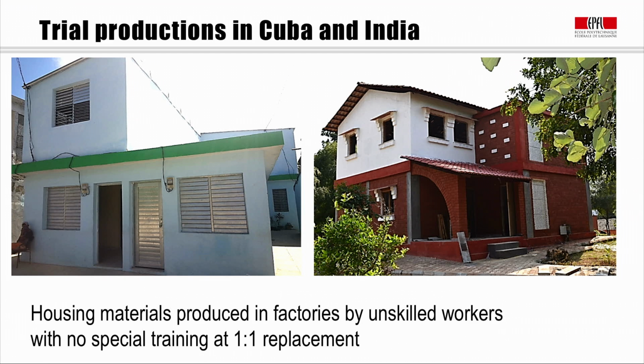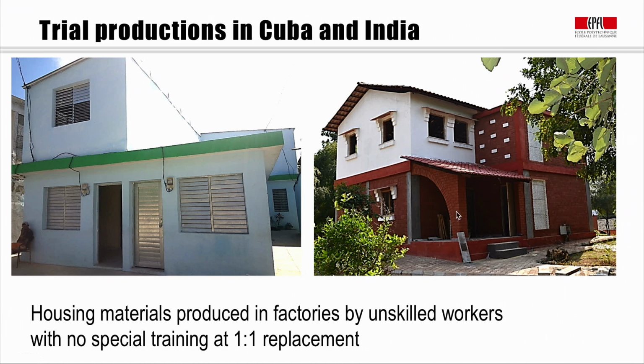And they could be produced by totally unskilled workers in the same factories with no special training, just purely with a one-to-one replacement, taking one bag of the cement that was used before, either OPC or pozzolanic cement with fly ash, and replacing that with LC3.